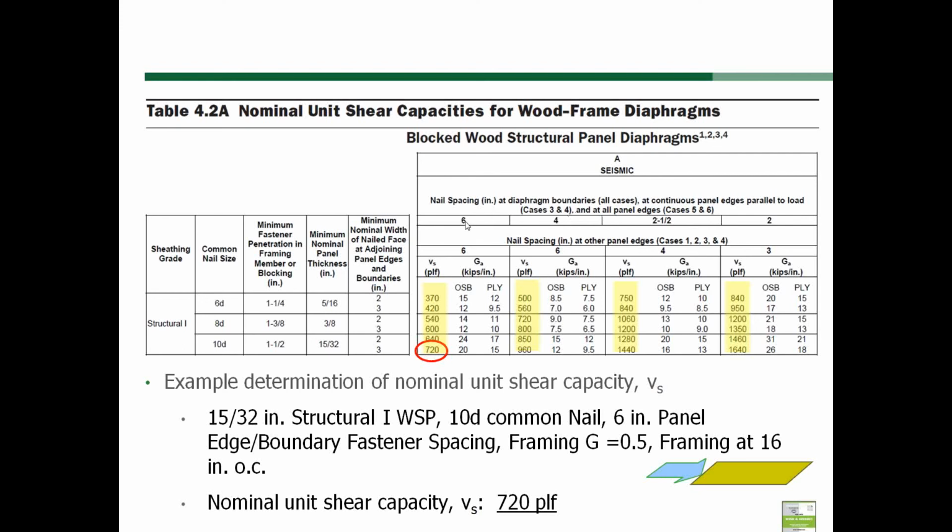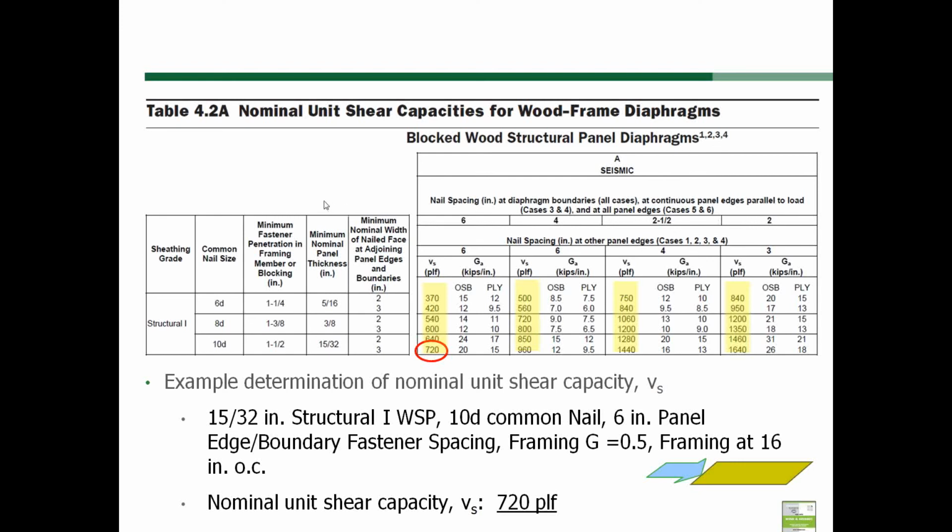And this nail spacing, a question came in a little bit earlier, this nail spacing is the spacing on the perimeter of each of the panels. So if you have 6-inch spacing at the perimeter of each panel, you'd use this column. 4-inch spacing around the perimeter here, 2.5 and 2.